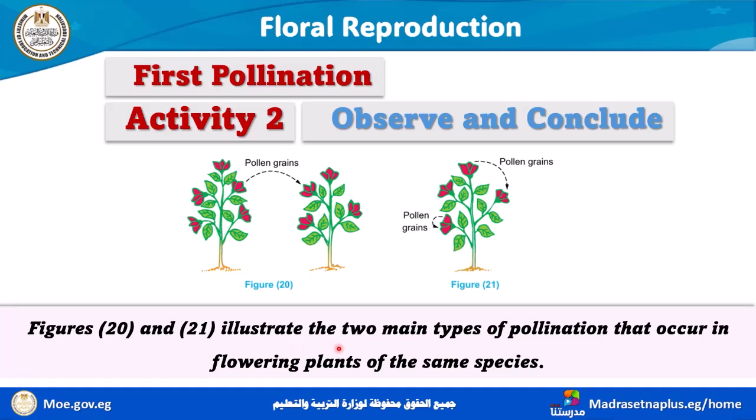These two figures illustrate the two main types of pollination that occur in flowering plants of the same species. Figure 20 is one of the two types of pollination, and figure 21 is the other type.